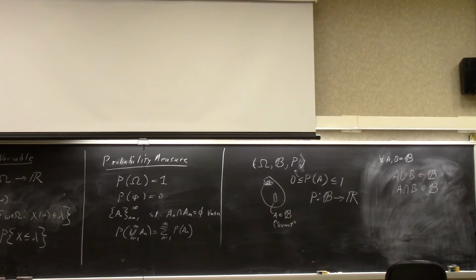We could call it a lollipop, but it would be confusing. So we call it an event instead. This is an event: the set of omega such that X of omega is less than or equal to lambda, and the probability of that event is some number between 0 and 1, right? So that's all good, okay?